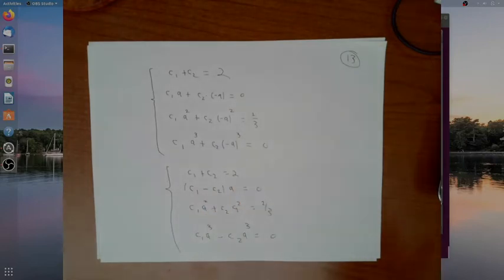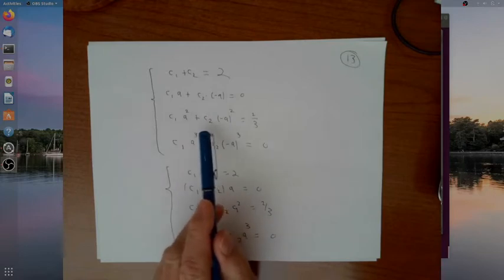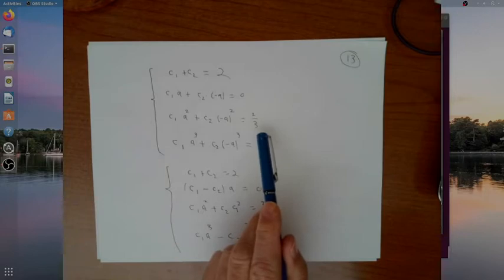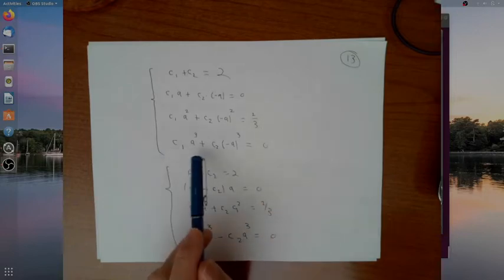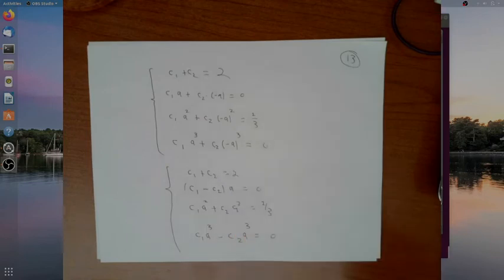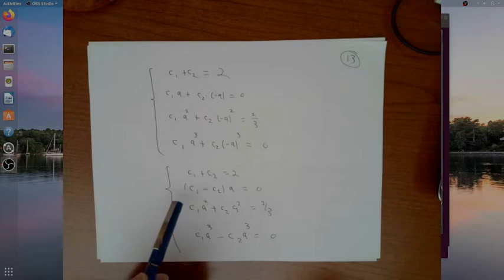The wheels in the back of your head should already be turning. C1A squared plus C2 times the square of negative A needs to be 2/3. C1A cubed plus C2 times the cube of negative A needs to be 0. In the first equation, C1 plus C2 is 2. In the second, I can write that as C1 minus C2 times A is 0.